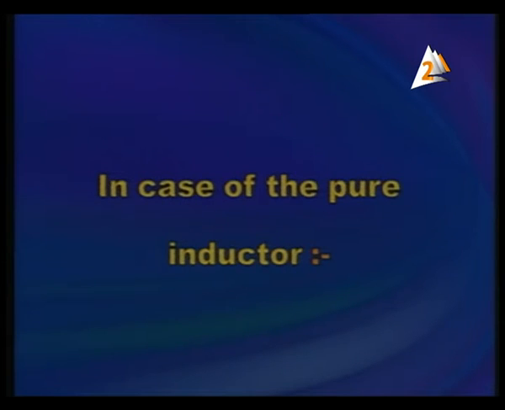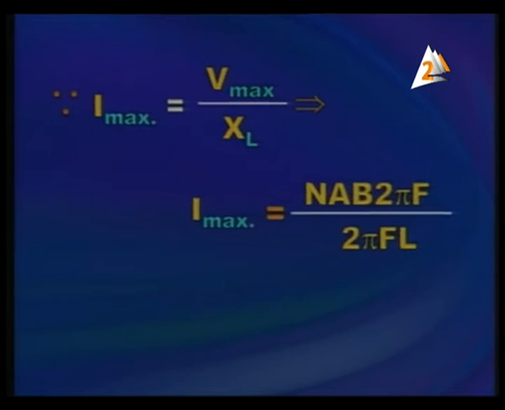In case of the pure inductor, maximum current is determined from the expression I maximum equals V maximum over XL. Maximum EMF is NAB 2 pi F. XL, the inductive reactance, equals 2 pi FL.